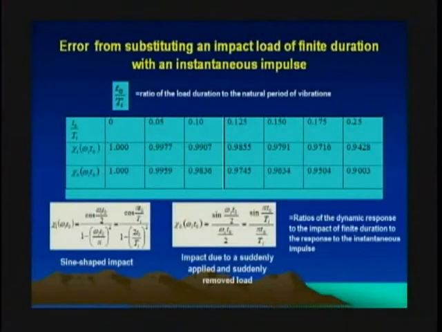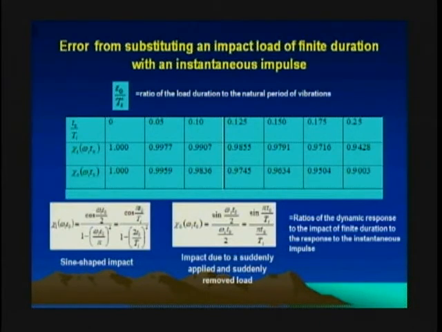And here are the results. The results are shown in the table above these two formulas, and chi with 0 below, and as you see here, that's a case when you have a suddenly applied and suddenly removed load, and the chi with a prime is the second row in the middle, where you have a sinusoidal excitation.